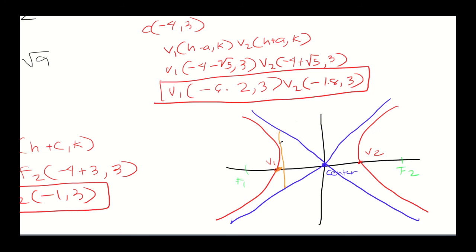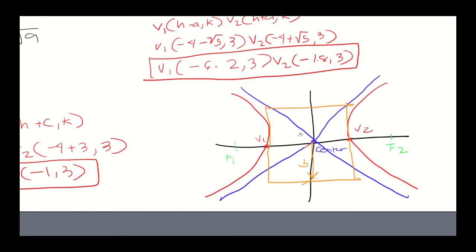Just imagine that it hits the vertex, and it will hit also this one, and from the center to this is the b. Then it will hit also the vertex here and there. So that's how the hyperbola looks like. Just imagine that it is nicer to look at.